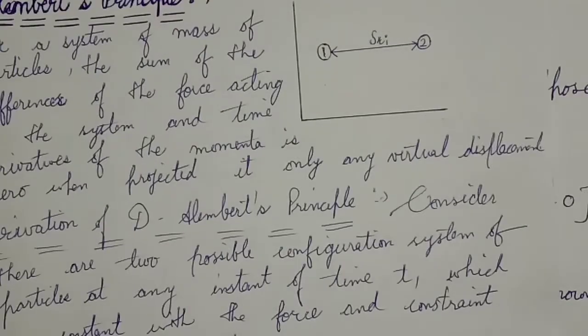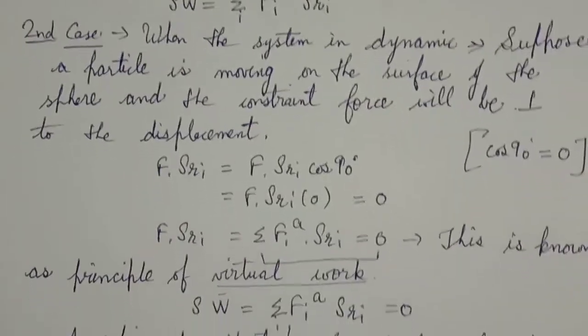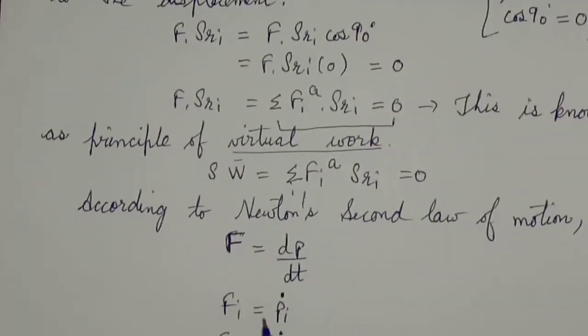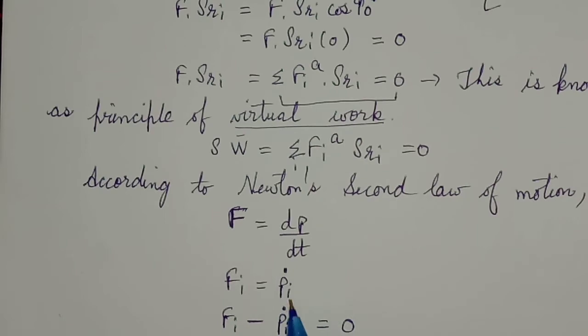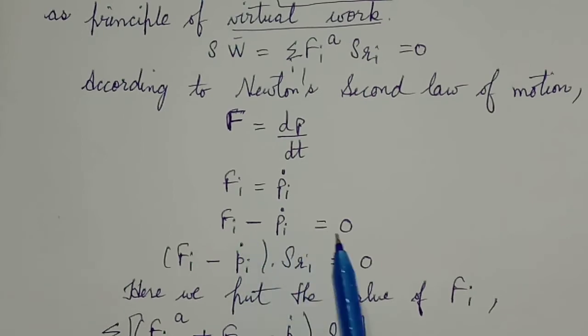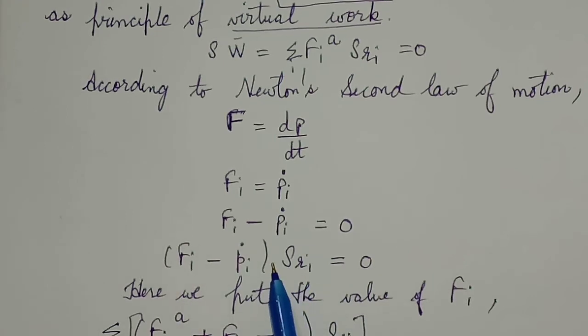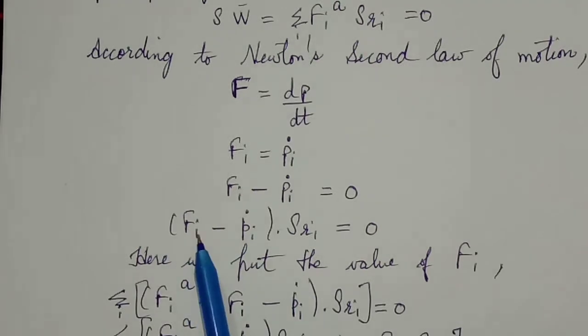Then we apply Newton's second law of motion, which gives change in momentum. So we can write change in momentum like this, Fi equals Pi dot. So we take the difference, that means Fi minus Pi dot is equal to 0. Now multiply with delta Ri. So put the value of F here, which is applied force and constraint force.